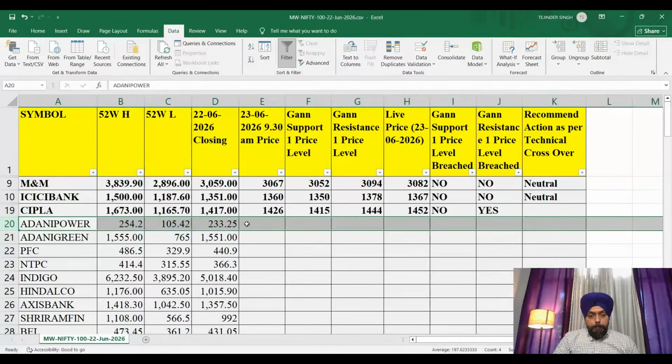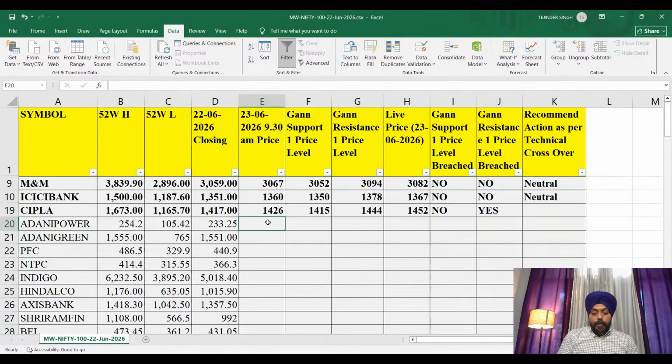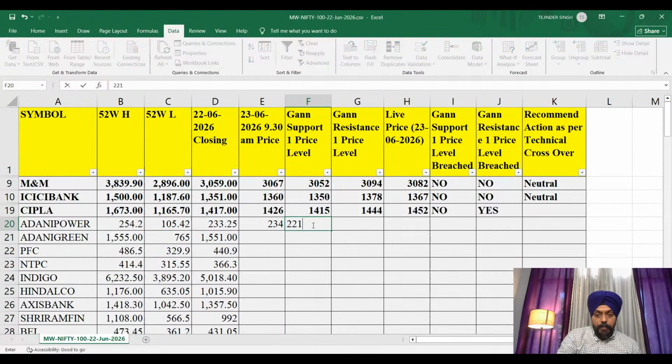Okay, now let's update our portfolio dashboard using our Excel. For Adani Power, the 9:30 AM price was 234, support 1 is 221, resistance 1 is 232.